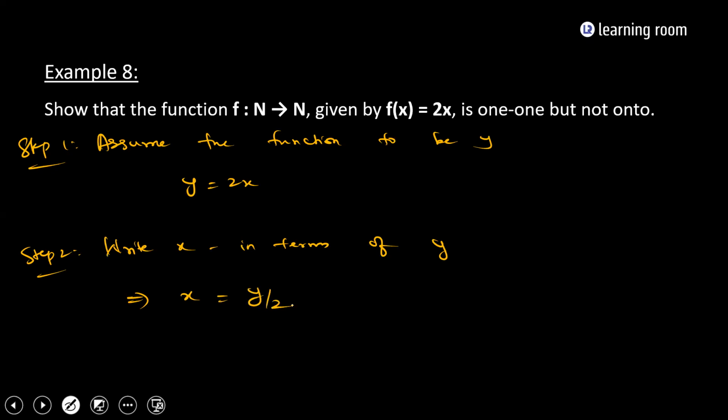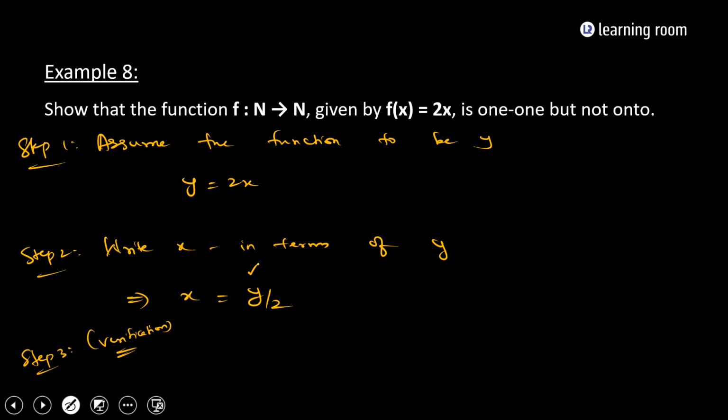What is step 3? What is the verification? Substitute this x value in f of x. So what has happened is y is equal to f of x has actually become x is equal to f of y. So what value does y take? This is where the domain and codomain is important.